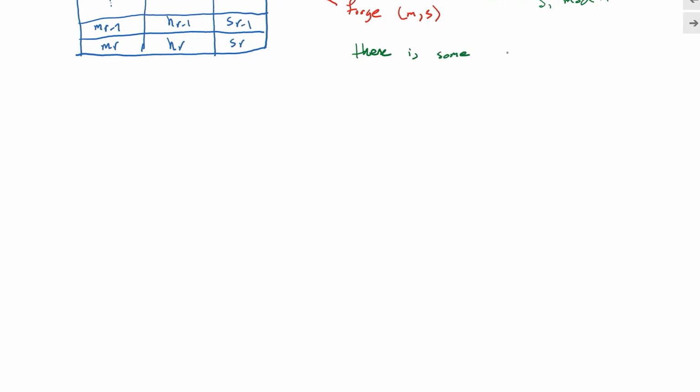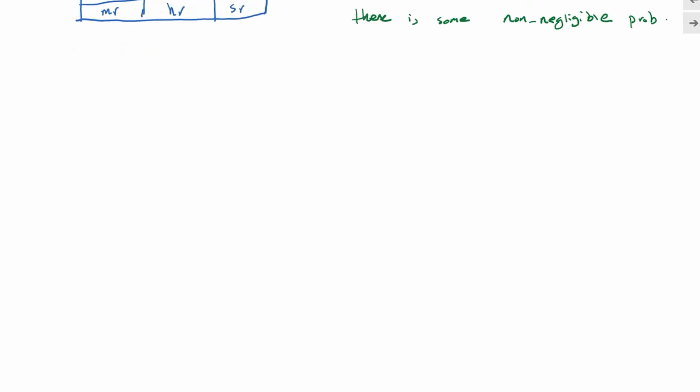So let me put it this way: there is some non-negligible probability that the forgery that he provides, M, is actually equal to M_T.